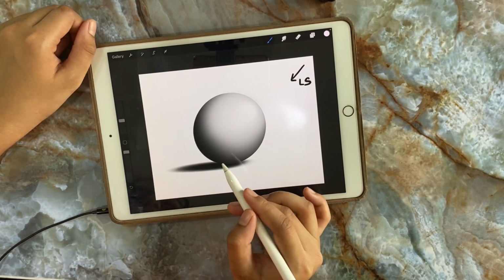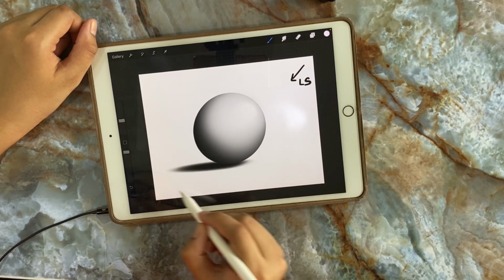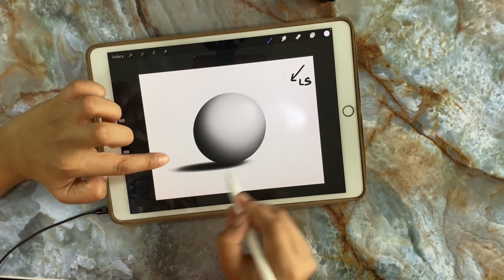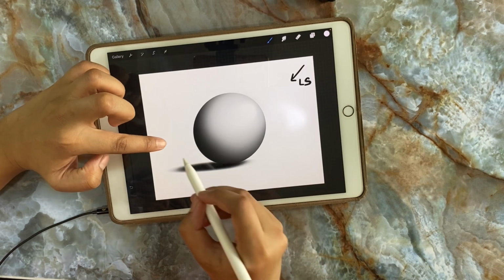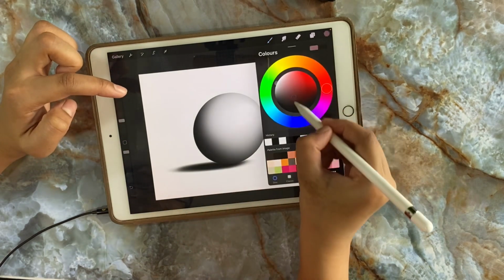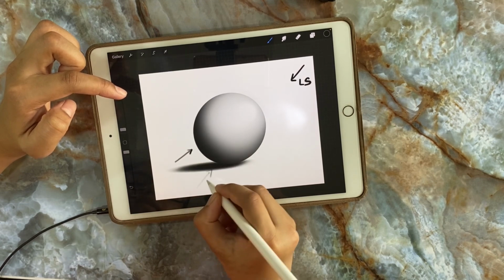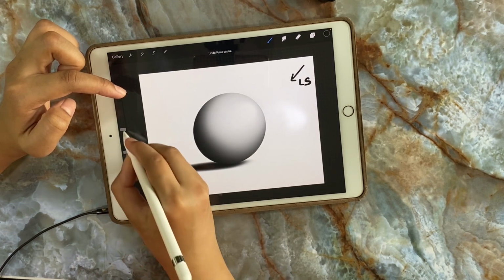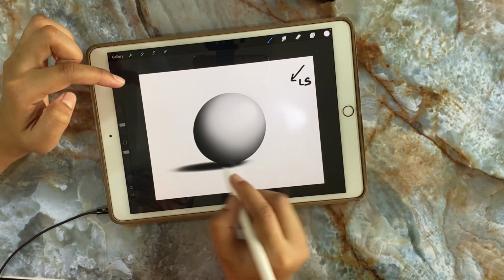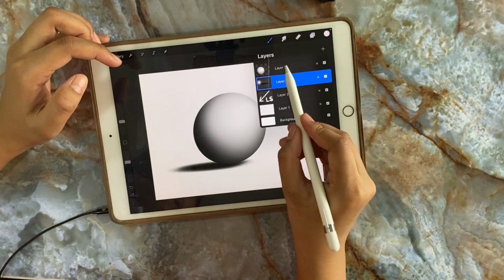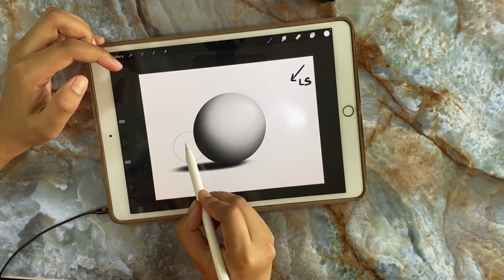So what does bounce light mean? Consider this as a floor. You might have light reflected here. So this light will bounce back here. That will form a reflected light, very lightly, in these areas.